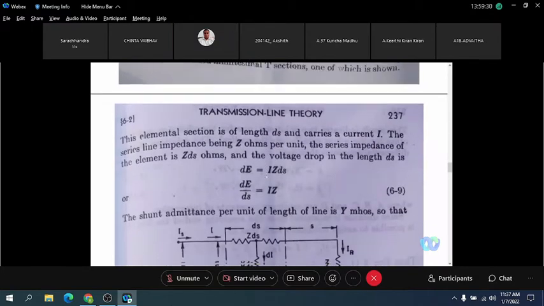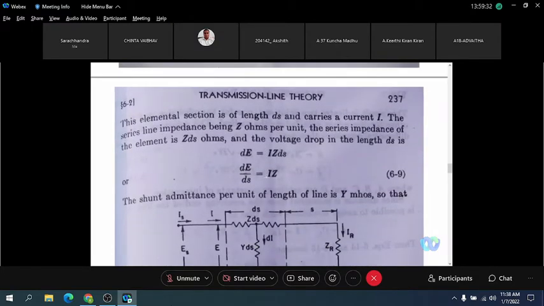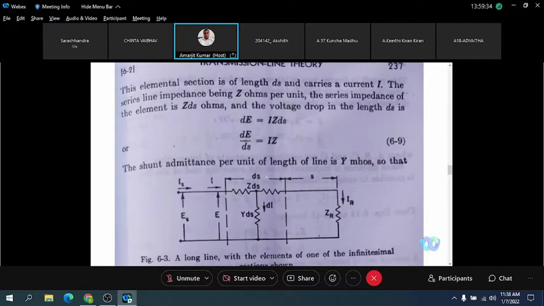Okay, so now this elemental section has length ds. In this section the current I is flowing, so the current is I and the voltage between the two conductors is E. Now what will be the series line impedance?